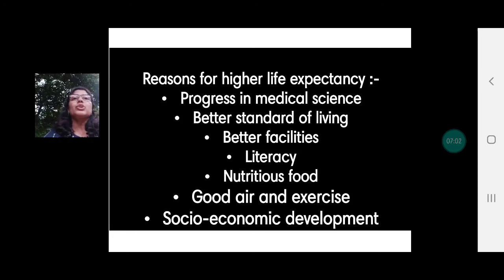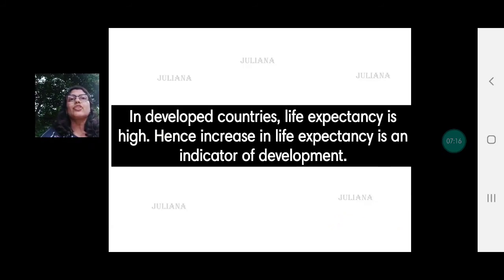What about socio-economic development then? The social standard of living and the economic standard of the people all play an important role in improving the life expectancy, and therefore we find there is a relationship between development and increased life expectancy.